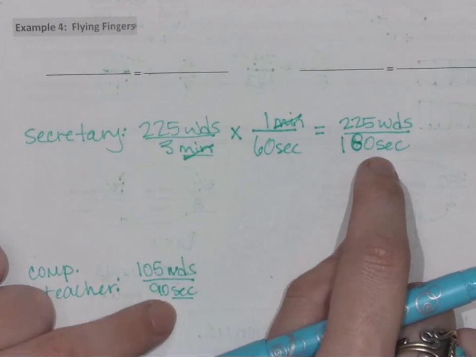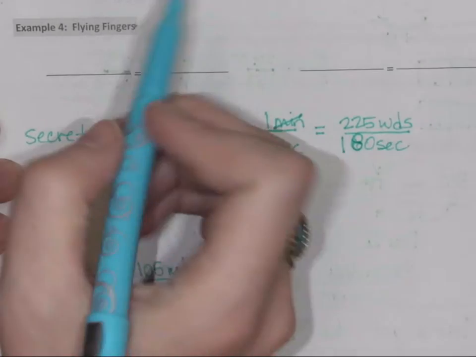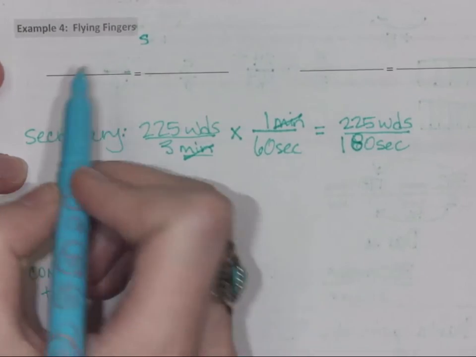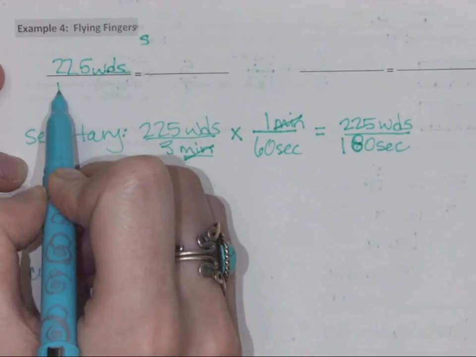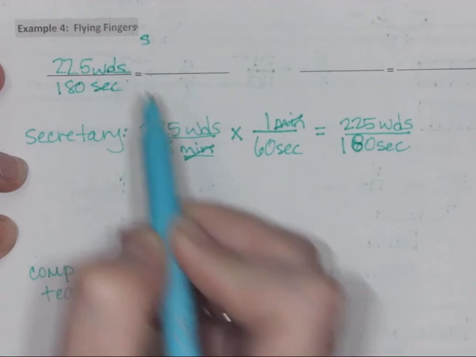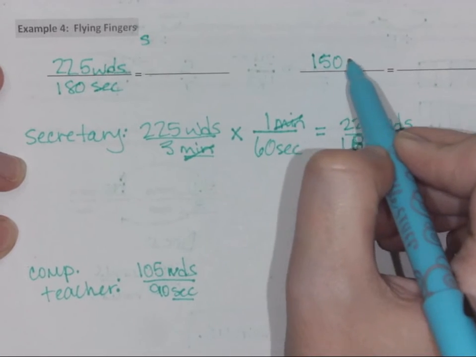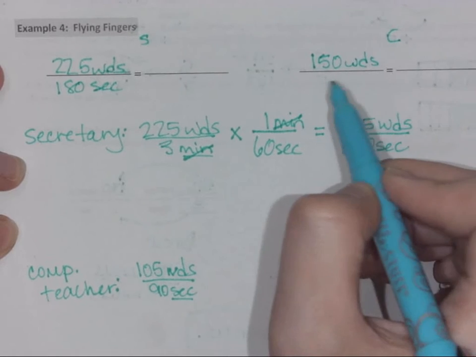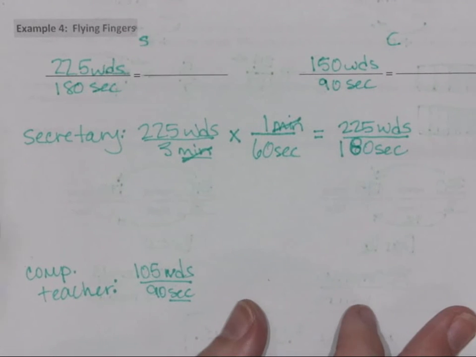What do I need to do to these two rates to be able to compare them to each other? So I have the secretary. She types 225 words in 180 seconds. The computer teacher types 150 words in 90 seconds, but I want to be able to compare them.